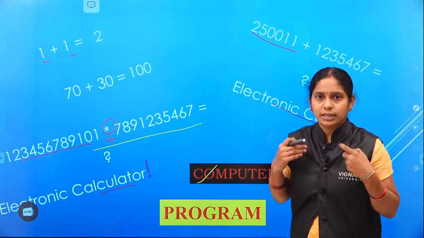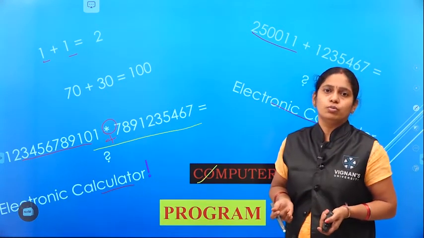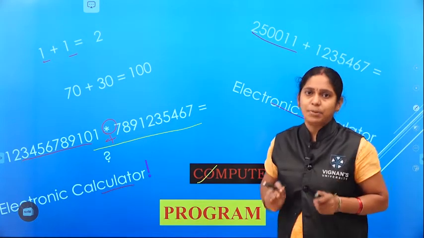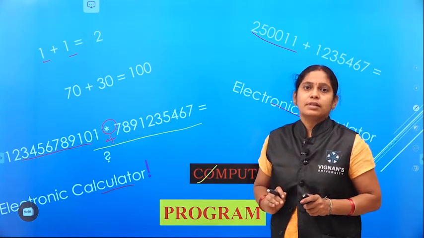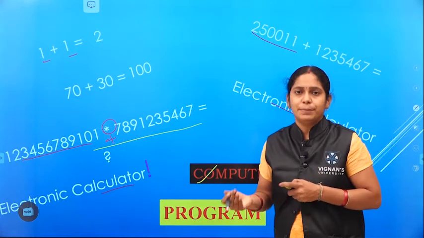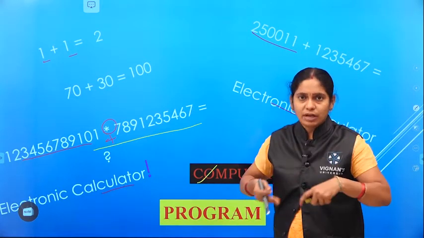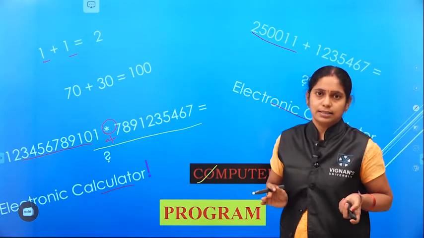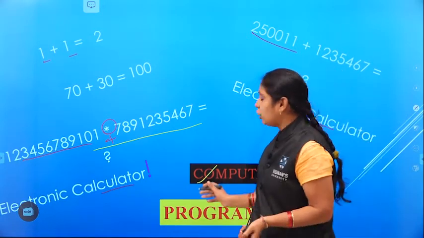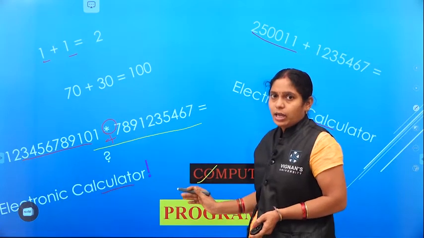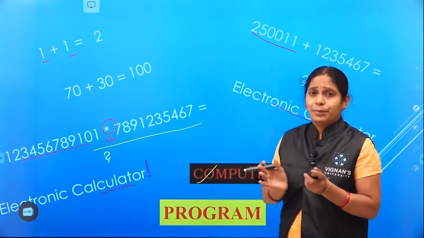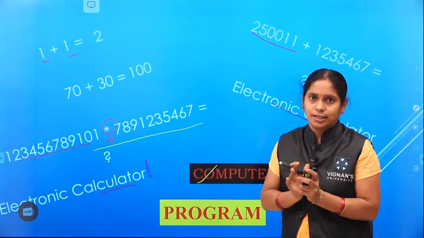So, whatever task we want to do, we'll write it as a program. That program will be given to a computer. The computer will process it and the result will be given to the user. But a computer alone is not sufficient.